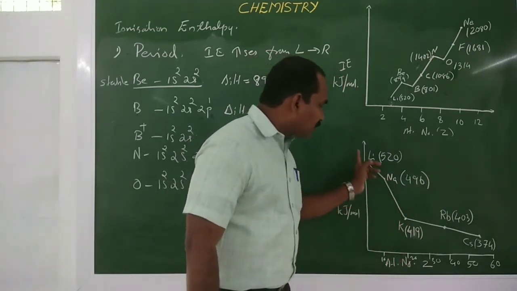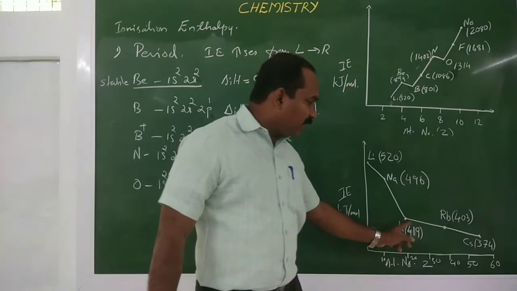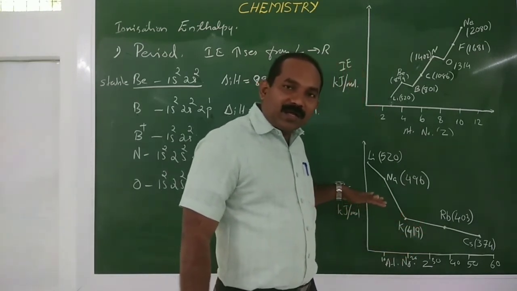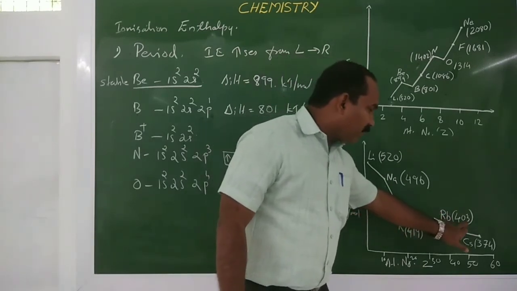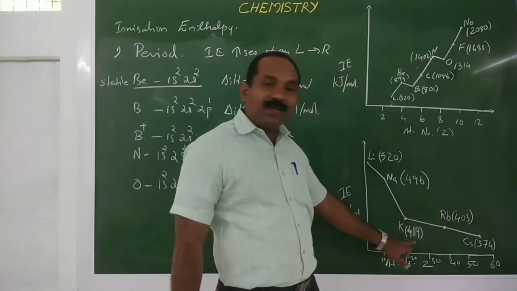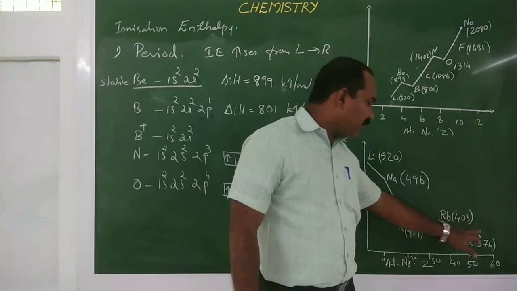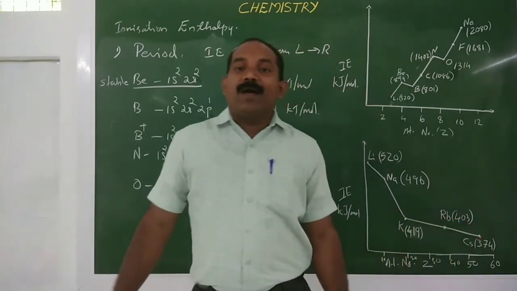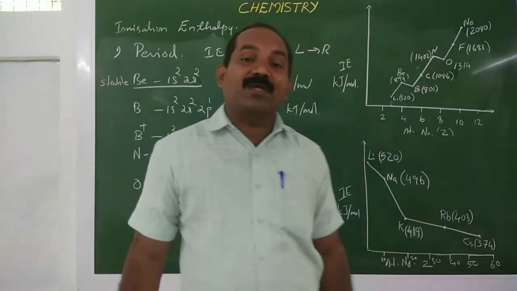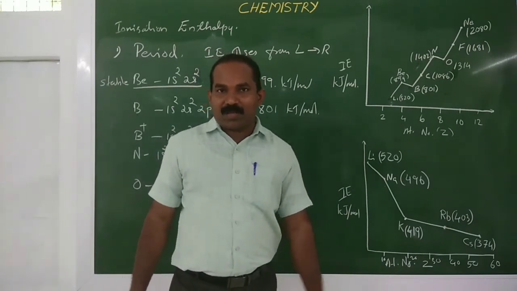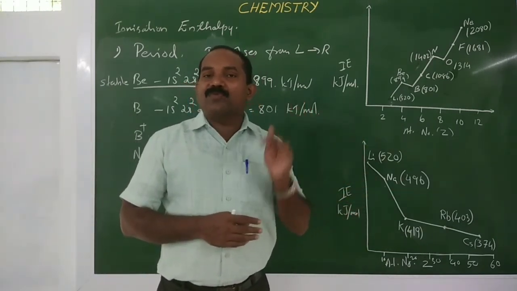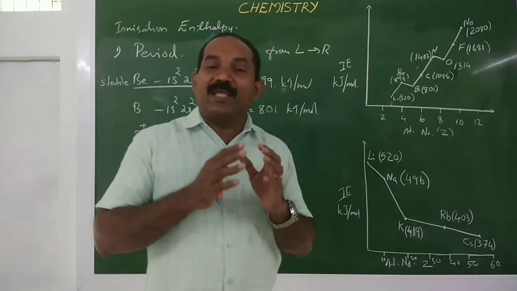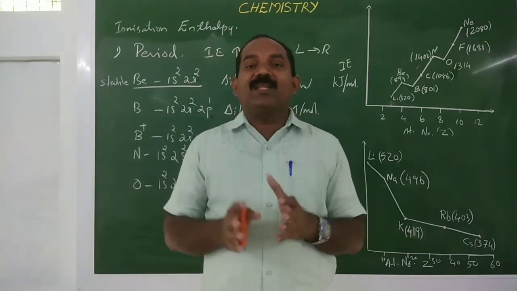This decrease is sharp, then the slope of the line is less. Potassium 490, rubidium 403, and cesium 374 kilojoule per mole. So in a group, if you take any group from top to bottom, ionization enthalpy decreases.